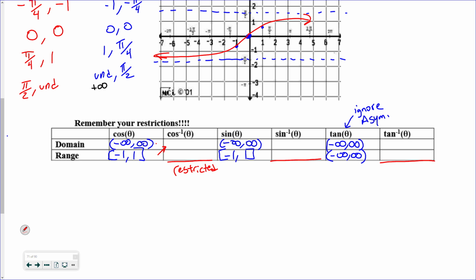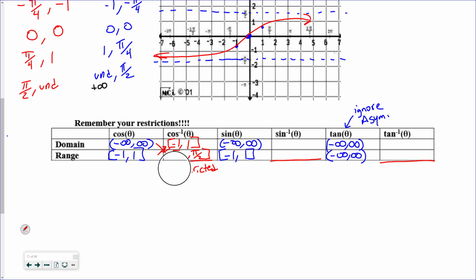So we're going to switch these, and this time my domain is from -1 to 1, and my output, my range, is from -pi over 2 to pi over 2. Sorry about that, guys. That's actually the one for sine, not for cosine.